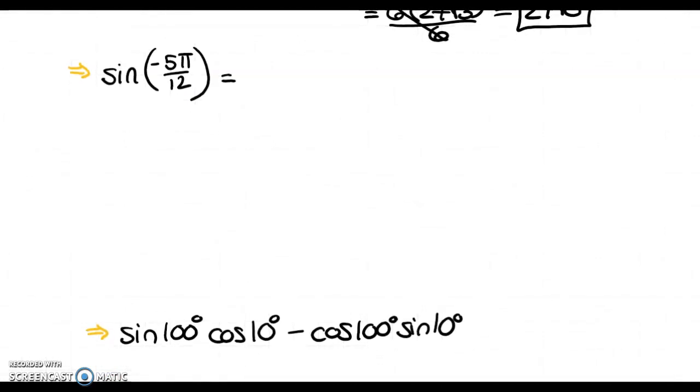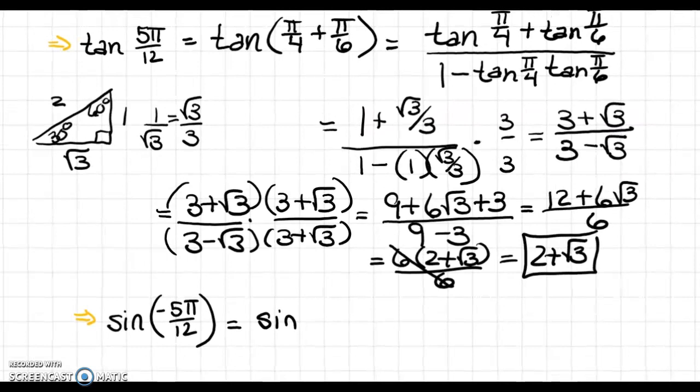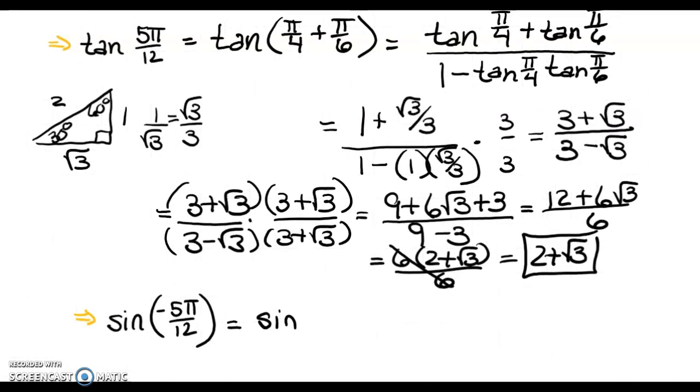Okay, two angles that subtract or add to negative 5 pi over 12. Okay, I think we've already found them. Up here, we had two angles that added to 5 pi over 12, so I'm just going to make them negative. So I'm going to have a negative pi over 4 minus pi over 6.